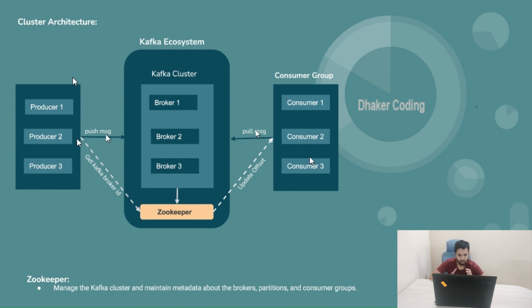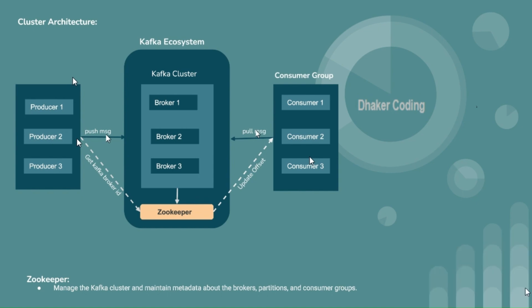What will the broker do? The broker will get the data and store it in its ecosystem. Then the consumer will consume the data from that Kafka topic. And what will the zookeeper do? It will manage all the brokers, and it has all the information about the producer, consumer, and everything.